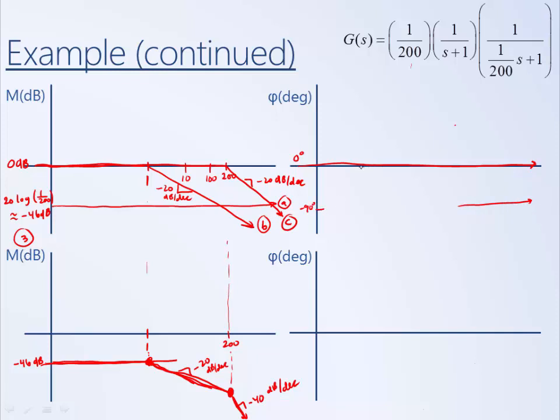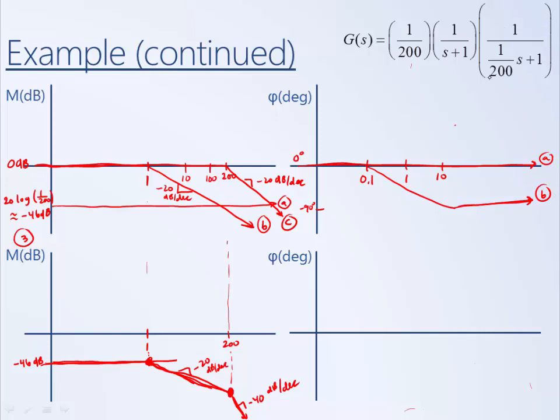The break frequency for this pole is 1 radian per second. And so we start to break down 1 decade early, and we finish 1 decade later. So we're at 0, we start to go down at 0.1, and we finish going down at 10. This is component A, this is component B.